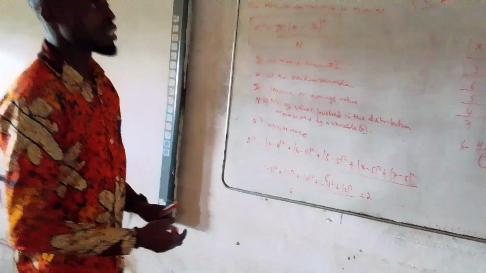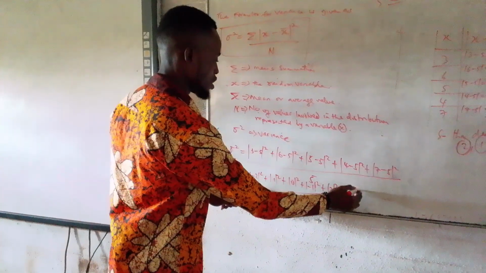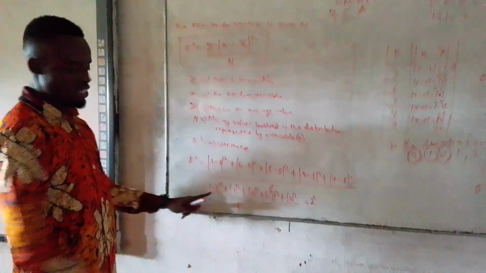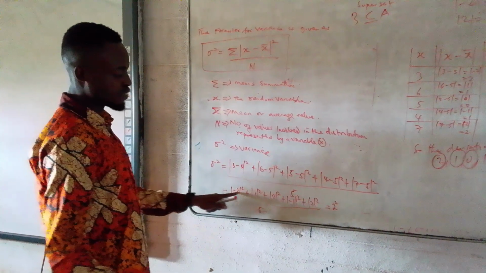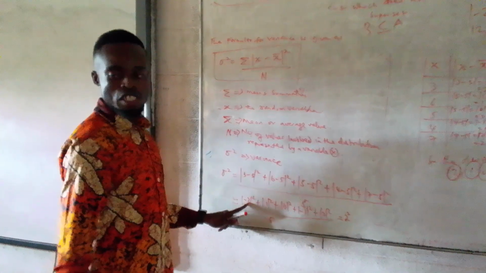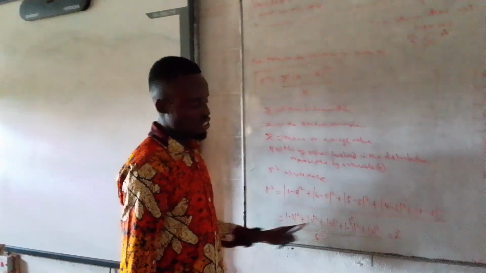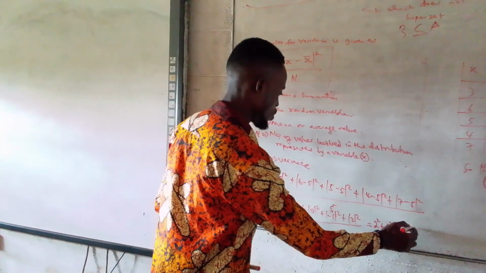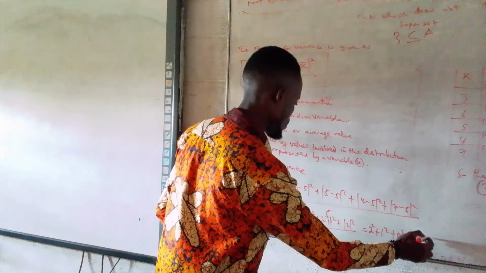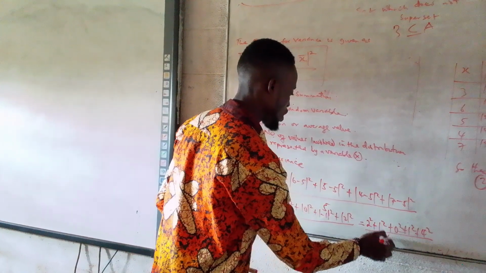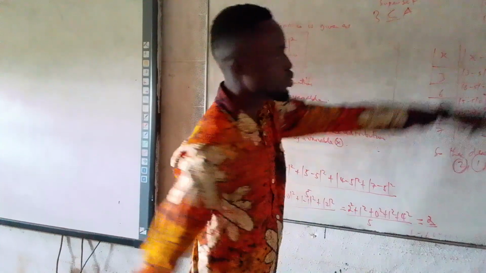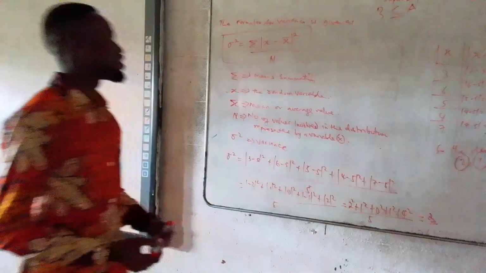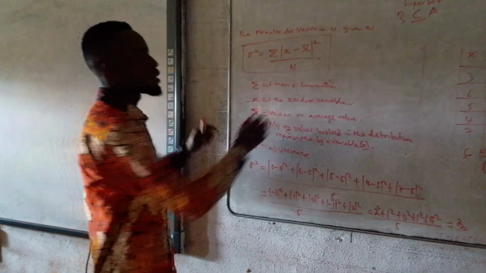If you remove the absolute value sign, the negative integer changes to positive. So we have 2 squared plus 1 squared plus 0 squared plus 1 squared plus 4 squared, all over 5. And everything will still give you 2.